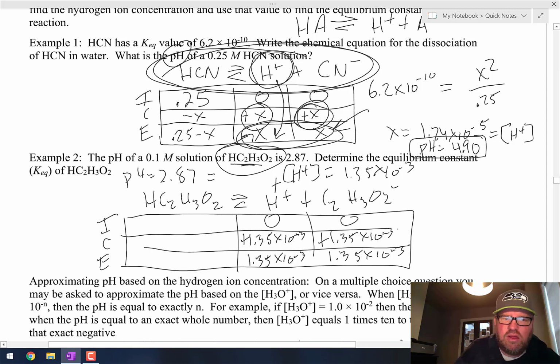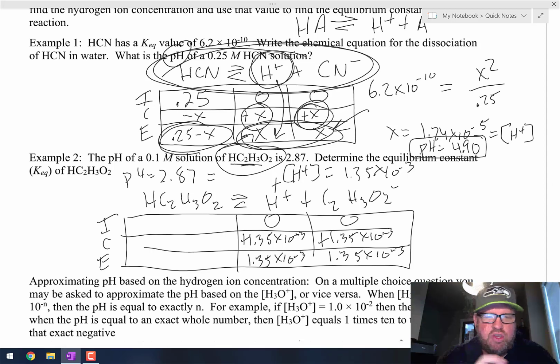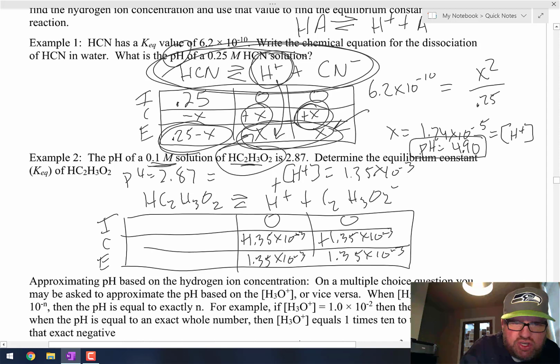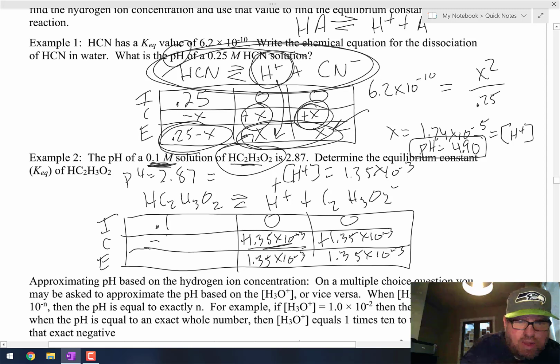And normally, when it was a minus X, we said it's going to be a small number, just take the X out. We did that to avoid having to use the quadratic equation. If we know the concentration of the solution is 0.1 molar, and we know these are going up by 1.35 times 10 to the minus third, there's no need to ignore that part. We can say this is going to go down by 1.35 times 10 to the minus third.